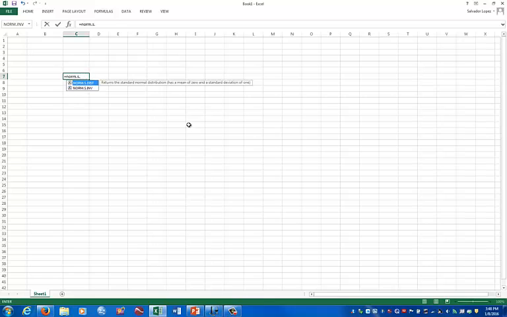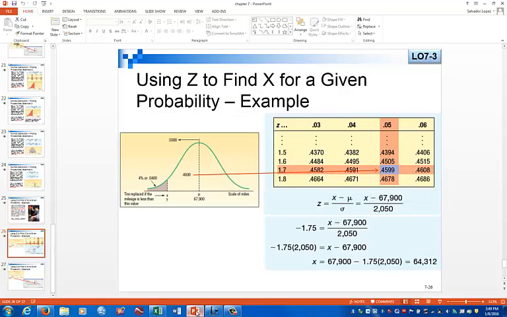But now we need to find the z-value given a probability. So we now specify that this probability is 0.04. And we get the negative 1.75. Now, after you find this value, then you substitute it here and solve for x and find 64,312.